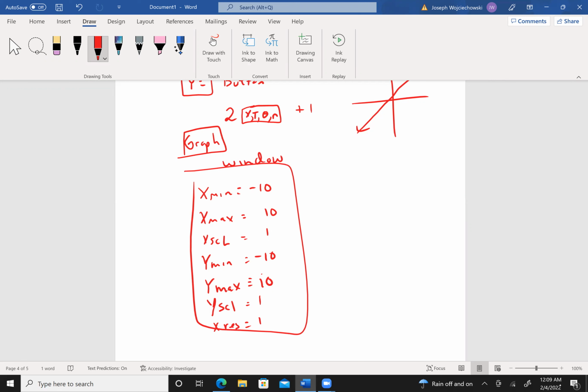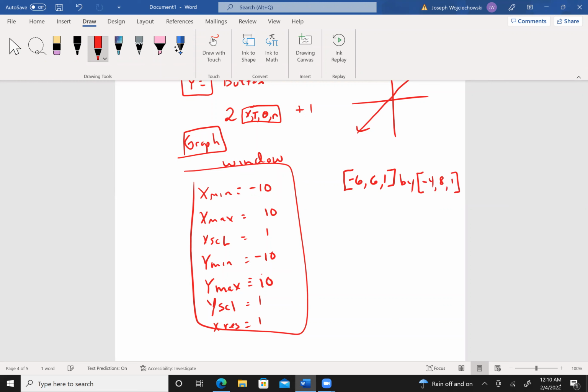Now the skill practice problem says to use the following view window. It'd be negative 6, 6, and 1 by negative 4, 8, and 1.